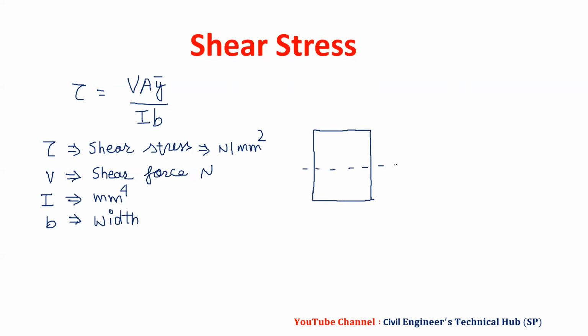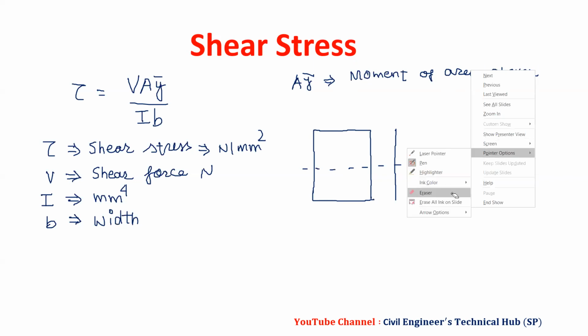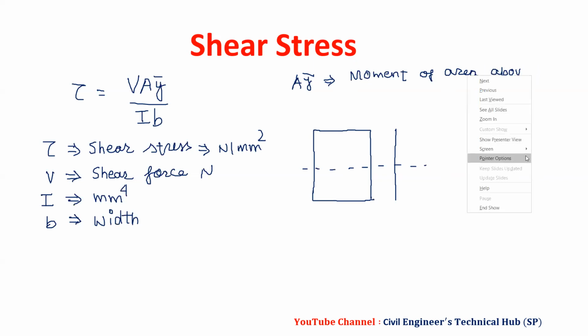We have the neutral axis over here, and then we will plot it. So what is A y bar? A y bar is the moment of area, the moment of area above or below. Just a minute. So we have above or below.